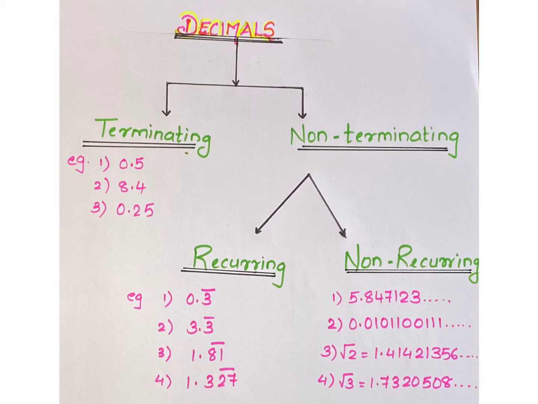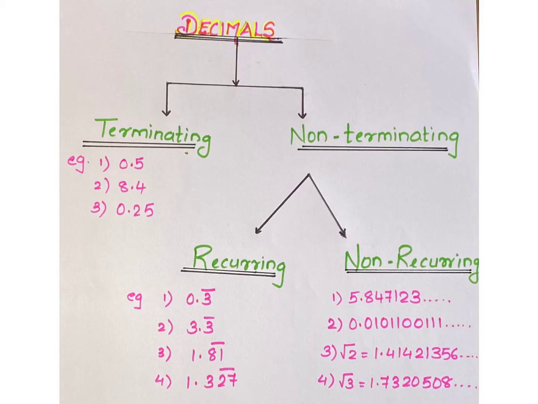Recurring means the decimal in which one or more digits are repeated and the division does not end. For example, 0.3 bar is obtained by dividing 1 by 3. If we divide 1 by 3, we will get 0.333333, etc., and it can be written as 0.3 bar.